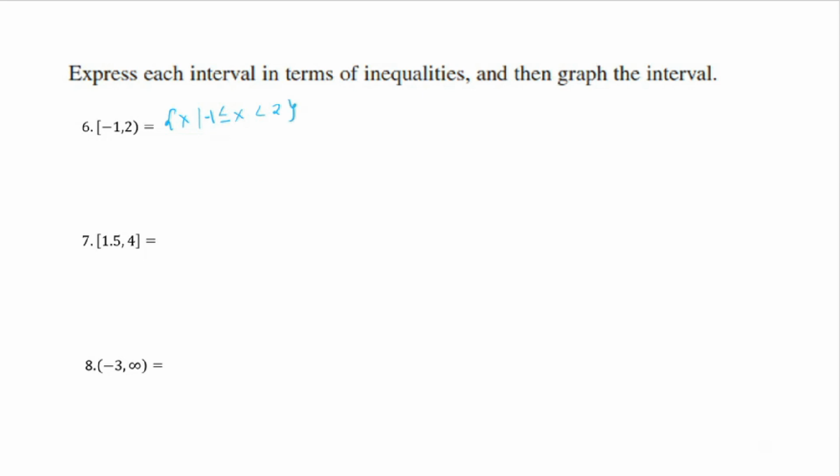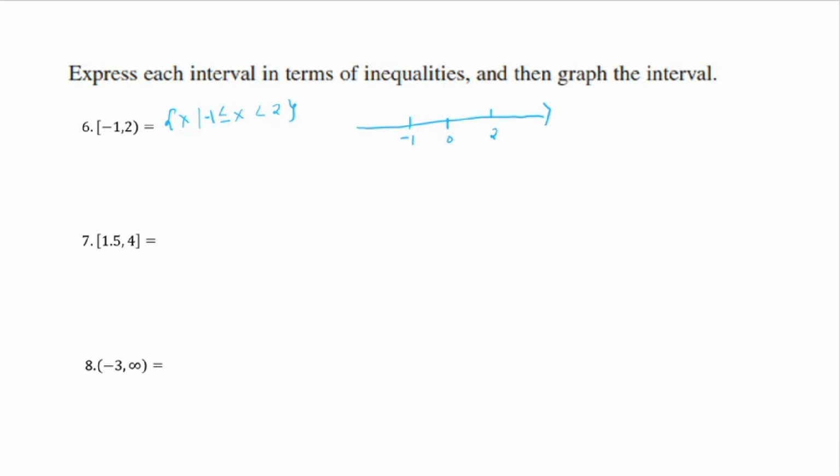Okay, so to graph this one, this will be our graph. For example, this is now -1. This is just an approximate measurement. So if this is -1 and this is 2 and this must be 0.